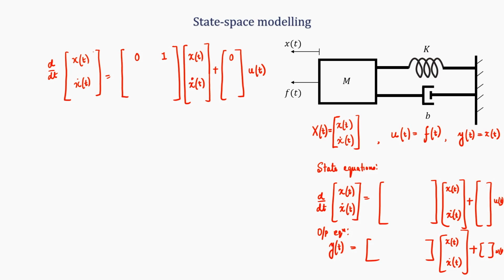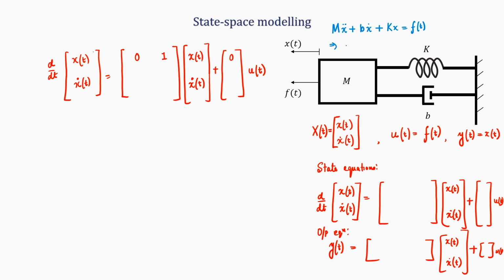Now, what is the second equation? In the second equation you have x double dot. Since we do not know what x double dot is, can I write down x double dot in terms of x and x dot? Let us see that. We know the differential equation of this system. If you remember, you can write down the free body diagram, and it will look like m x double dot plus b x dot plus k x equal to f(t).